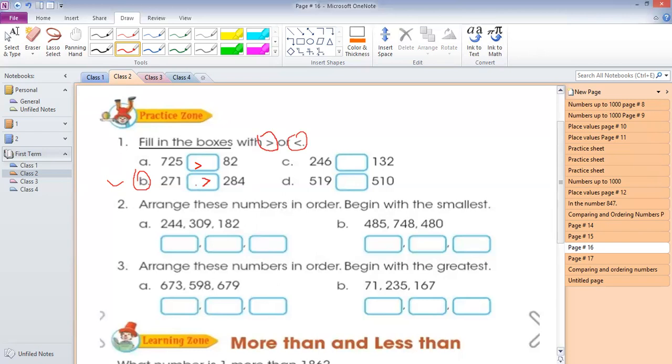Which sign should I put here? Yes, sir. Tell me which sign should I put here? Is it correct? This sign?